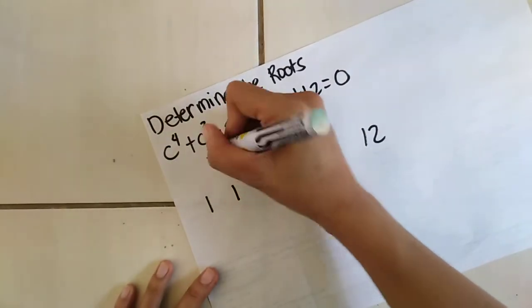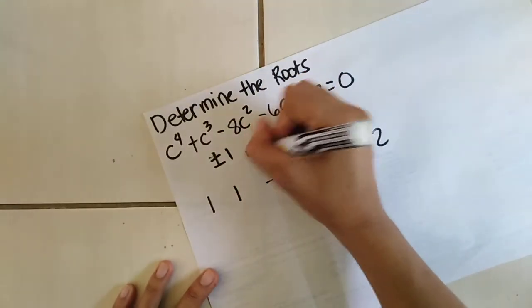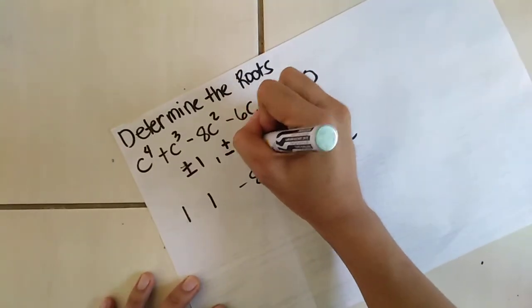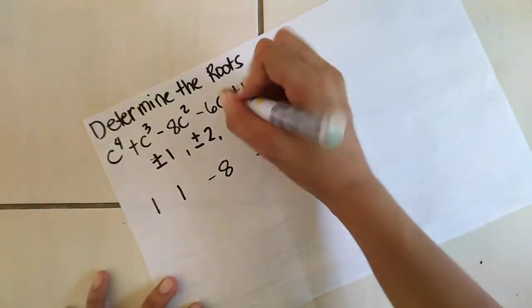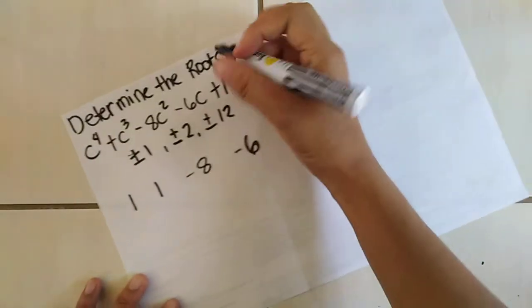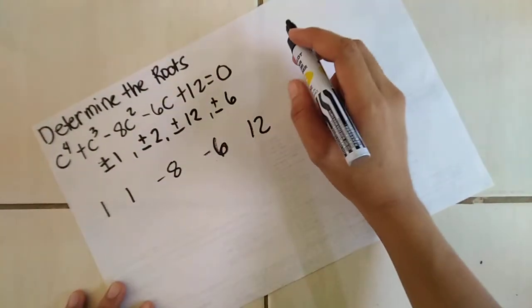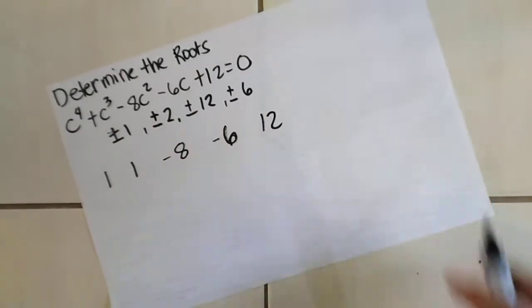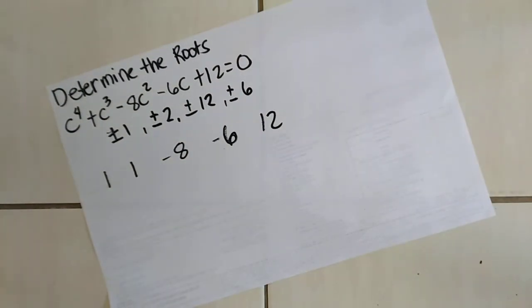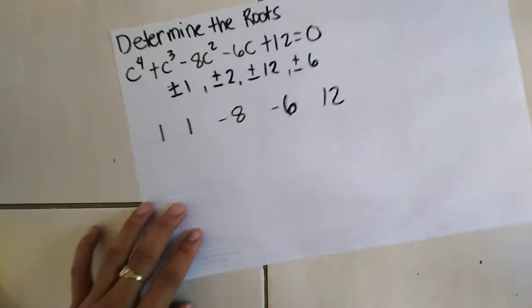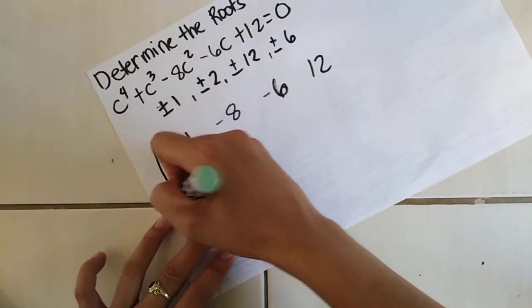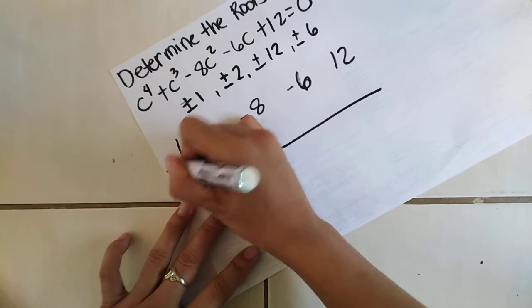We can use positive and negative 1, positive and negative 2, and also positive and negative 12 and positive and negative 6, the factors of 12. So the first one we will use is, say, negative 2. Okay, this is negative 2.